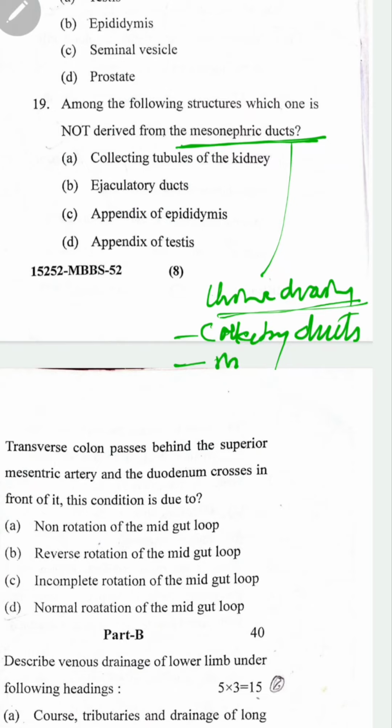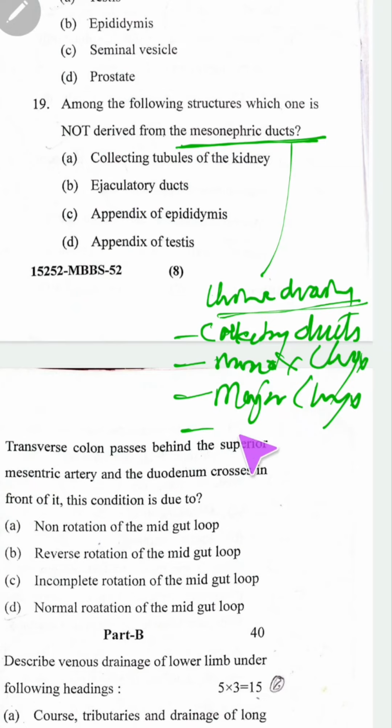Then you have minor calyx, then major calyx, then renal pelvis, then ureter, right?